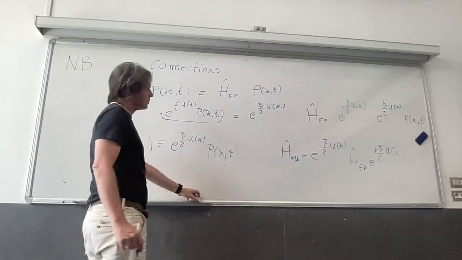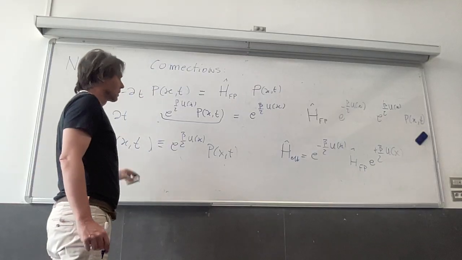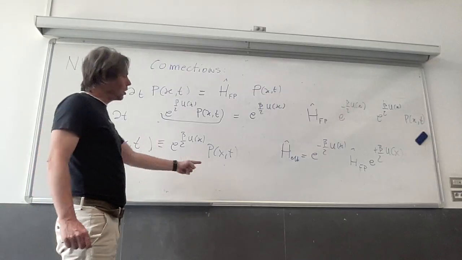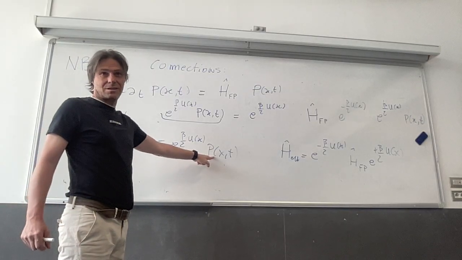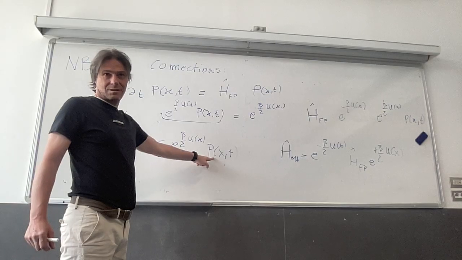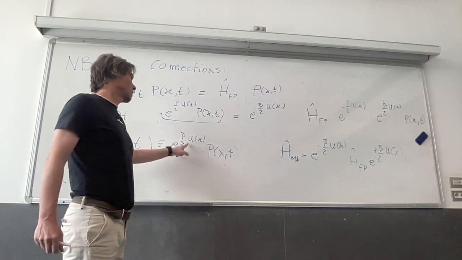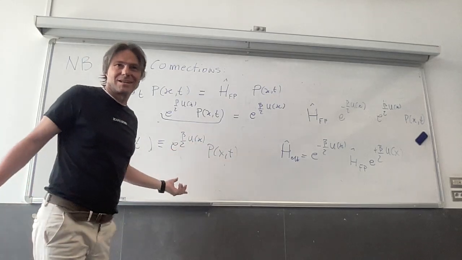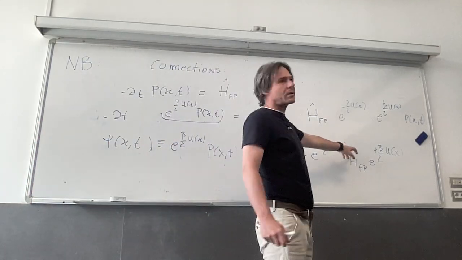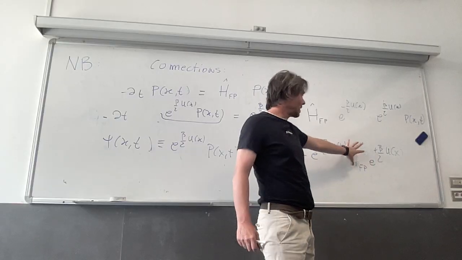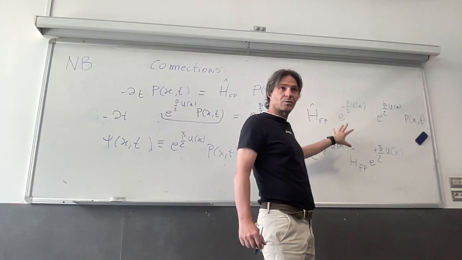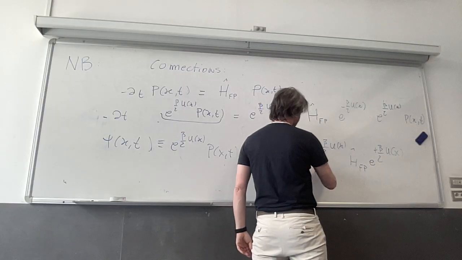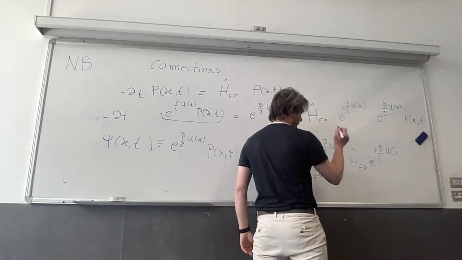Now, I want to make a comment. This we can compute only if we know P, the solution. If we don't know P, we can only express this as a general expression, this factor times P. But as far as this operator is concerned, we can actually explicitly compute this operator by writing down H times P, because you see, you have e to the beta half u, let me now write the argument.